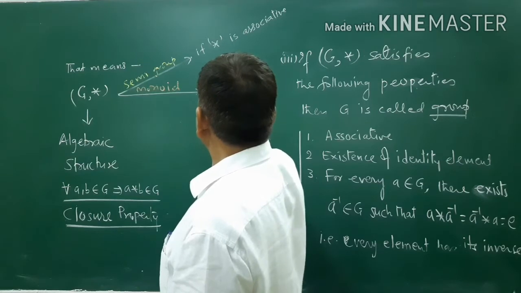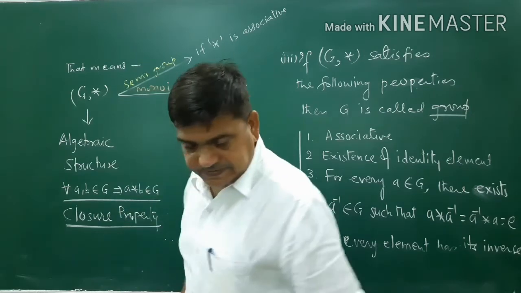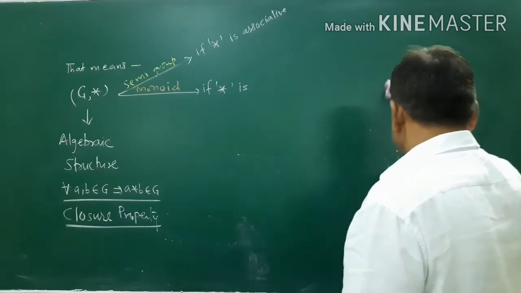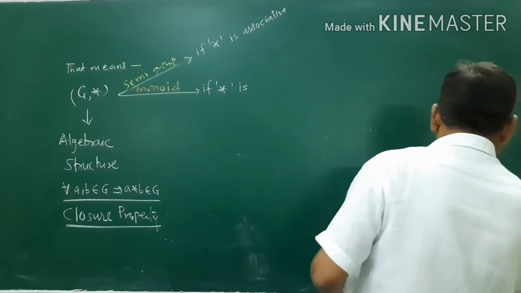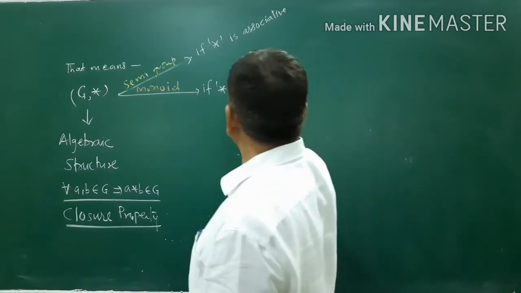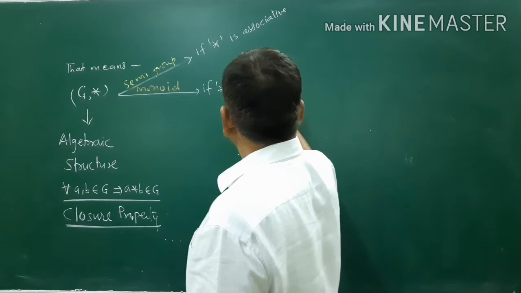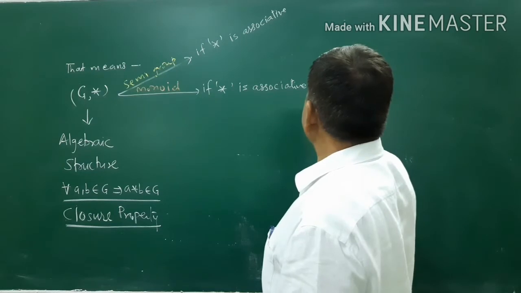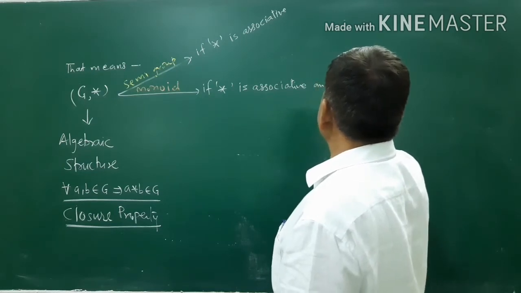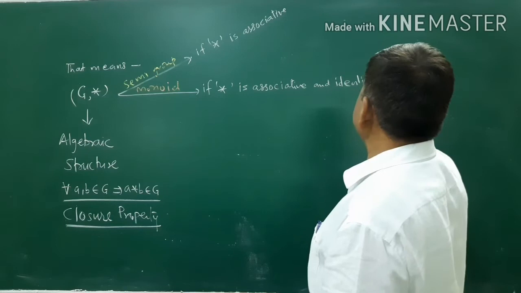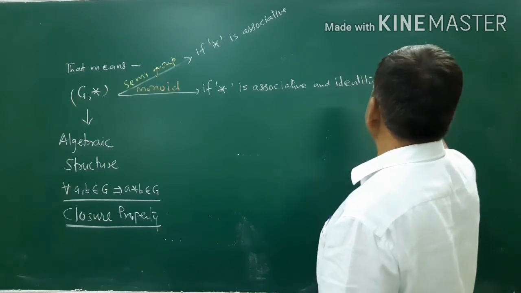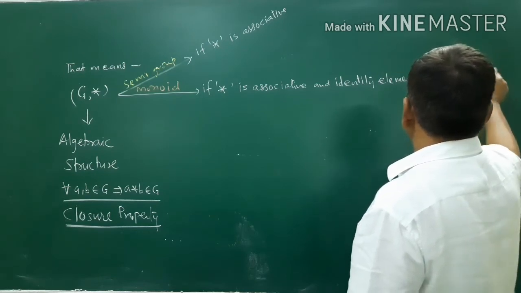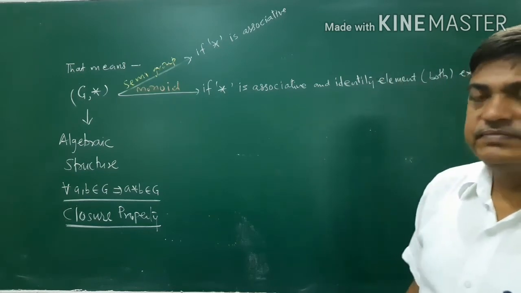if this is associative and identity elements, both left and right, exist.